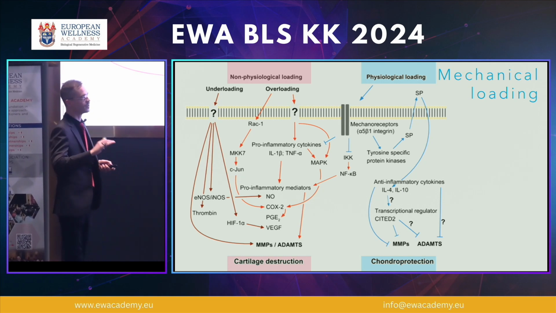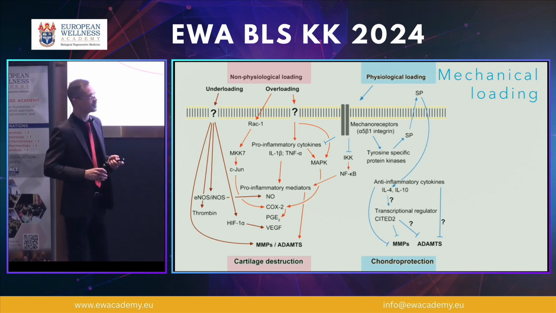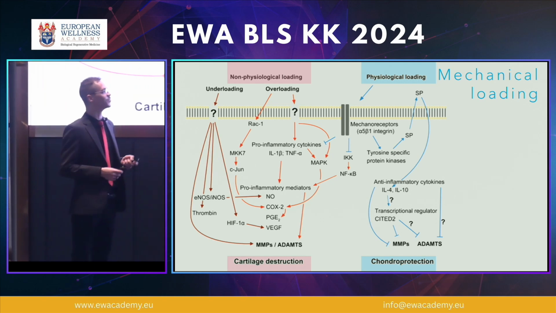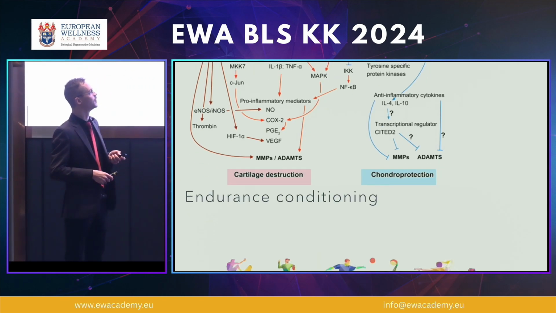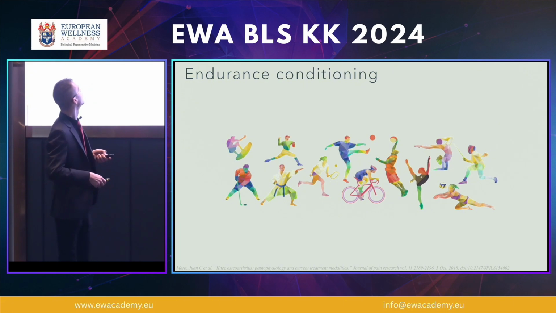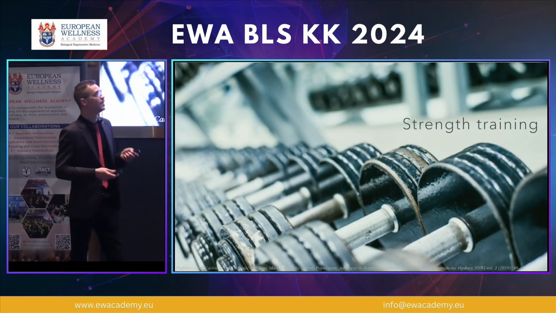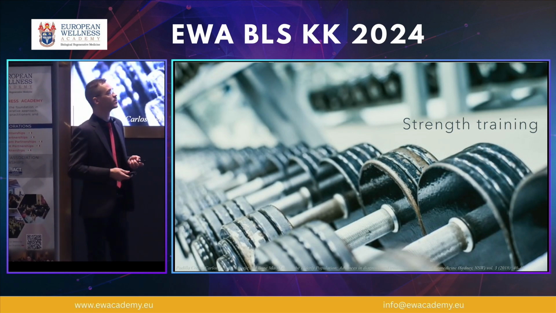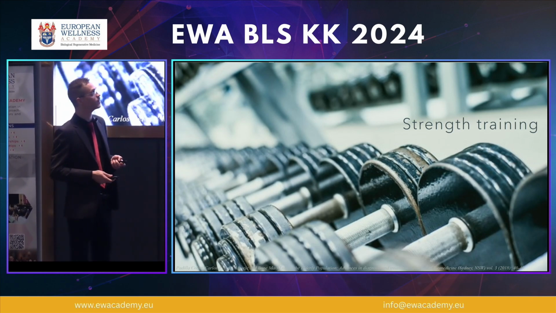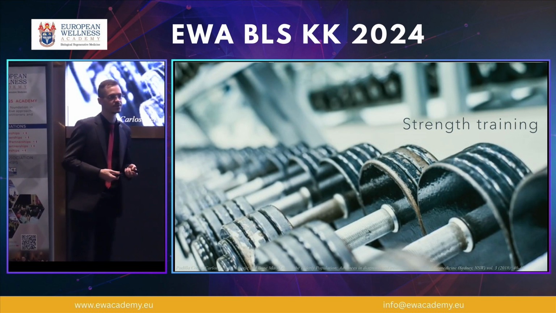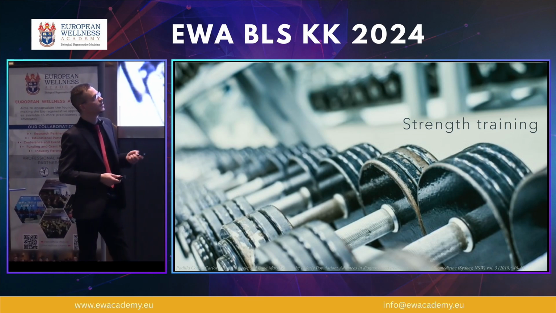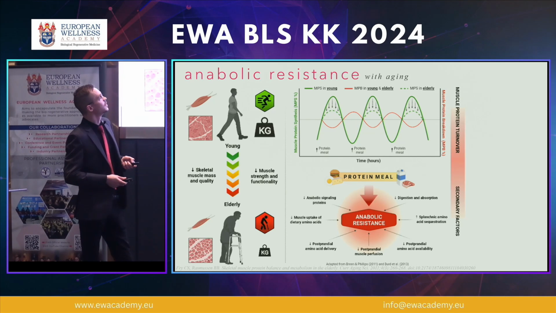So loading the cartilage in a healthy way brings a healthy way of its maintenance, which is why endurance conditioning is very important as well. Strength training, sorry, there is no magic pill. If you need the muscle to be strong, you have to use it, particularly using strength training.